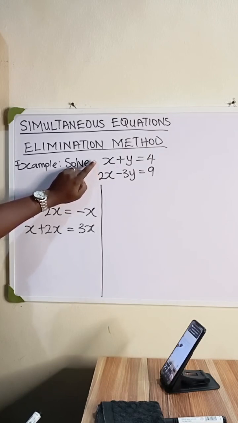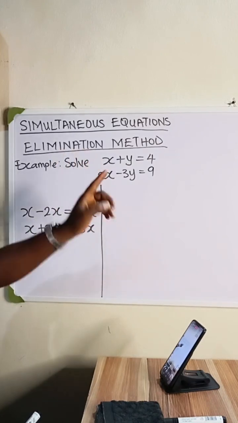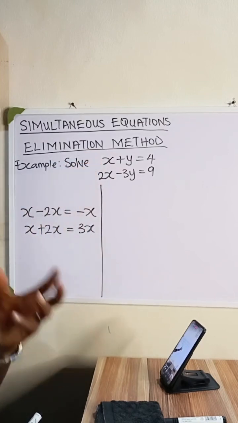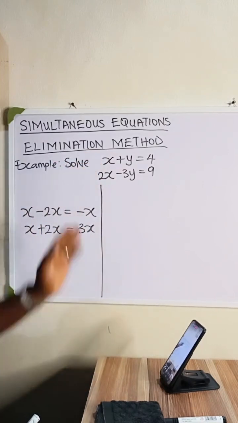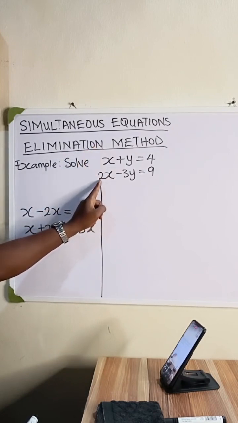I'll repeat that. Multiply equation 1 by the coefficient of x in equation 2. Multiply equation 2 by the coefficient of x in equation 1. So the coefficient of x in equation 1 is 1. When there is no number in front of the alphabet, we know that the number there is actually 1. So the coefficient of x here is 1. The coefficient of x here is 2.